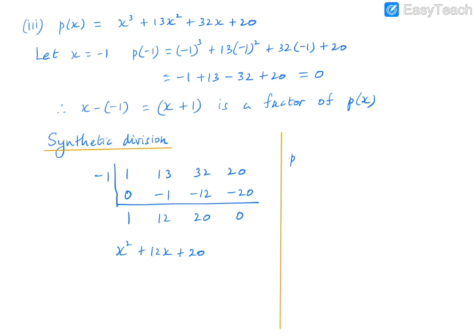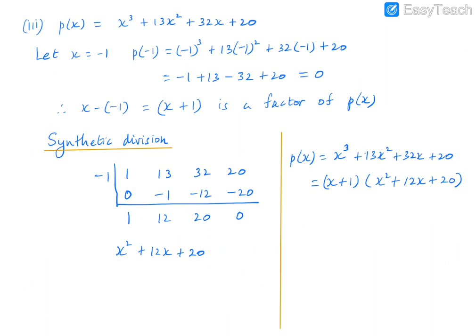as a product of its two factors. So p of x, which is x cubed plus 13x squared plus 32x plus 20, can be written in terms of its factors, which is x plus 1 into the second factor, x squared plus 12x plus 20.